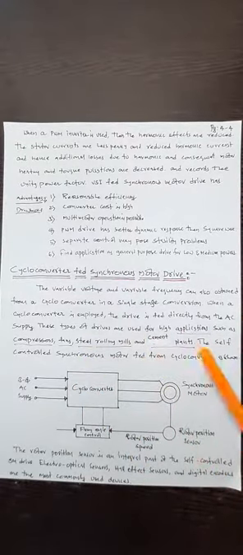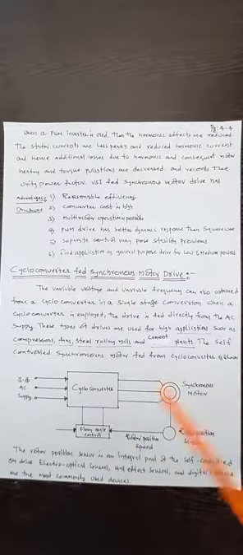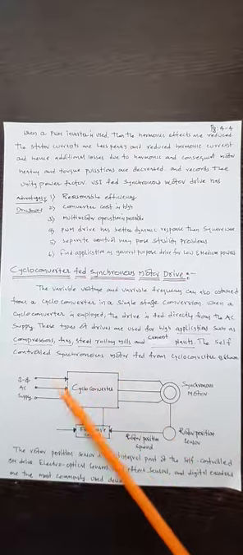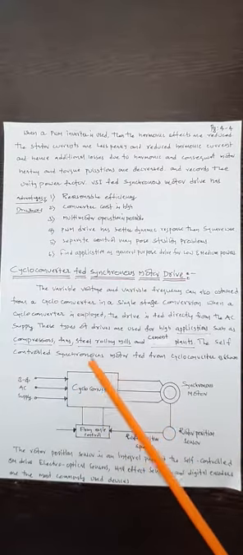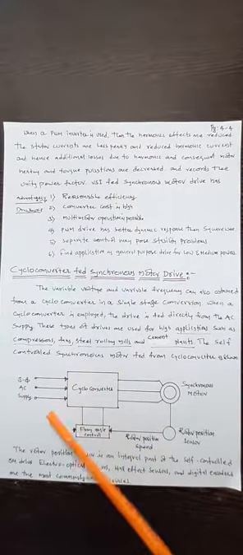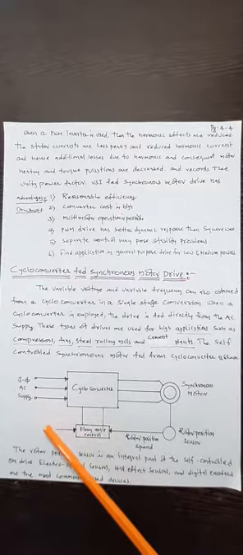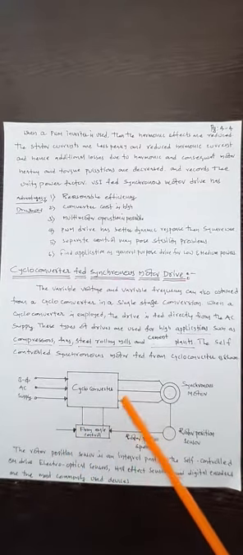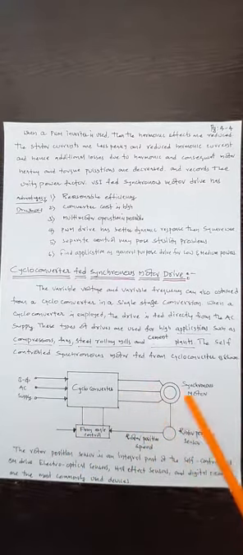So the self-controlled synchronous motor fed from a cycloconverter is as shown. Here, this is the cycloconverter. The cycloconverter is fed with a three-phase AC supply, and its output is directly fed to the synchronous motor. It is self-control, meaning a closed loop system.